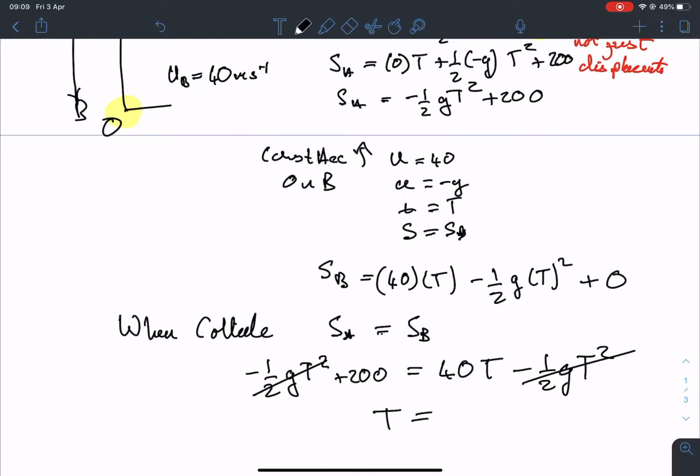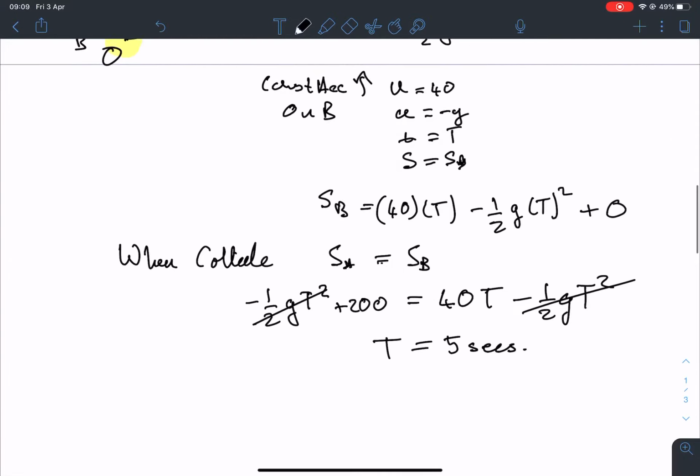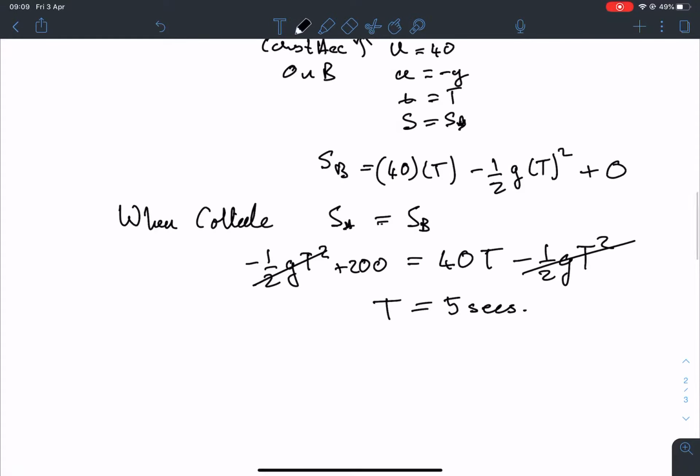We can substitute in, so sB is equal to 40 lots of t minus a half g t squared, and s0 for B is 0 because it starts at the origin.